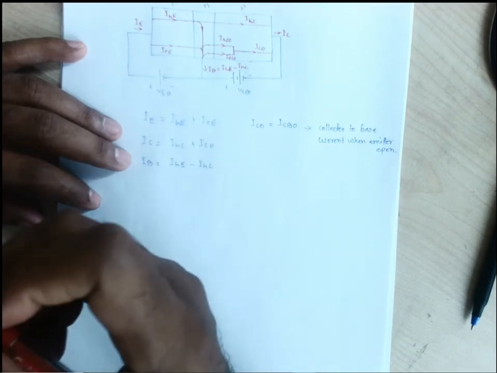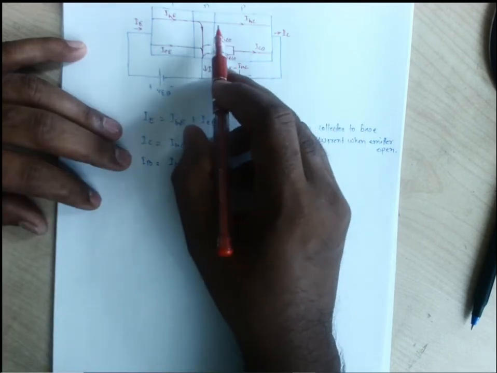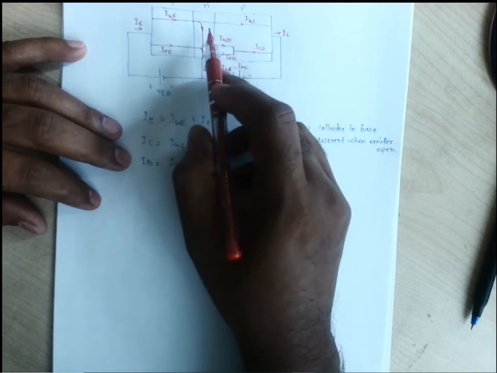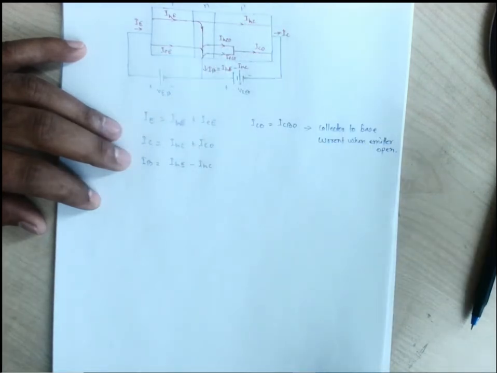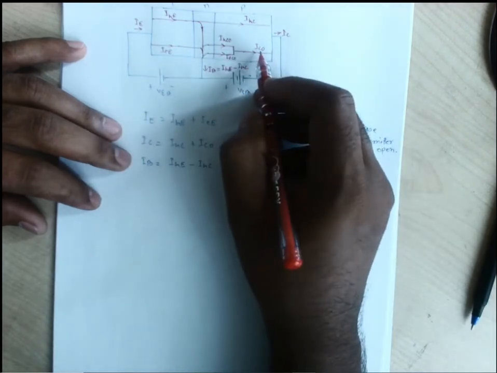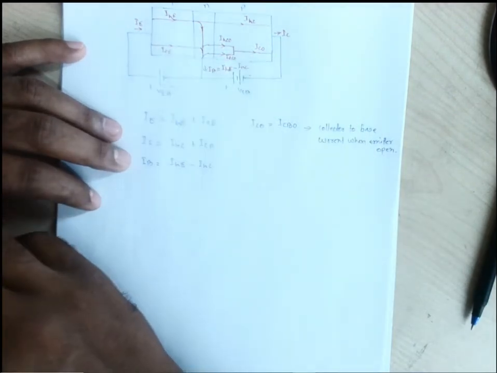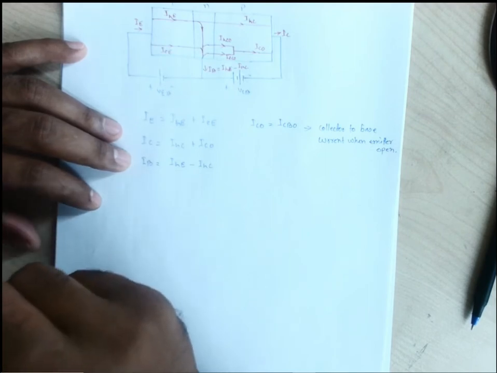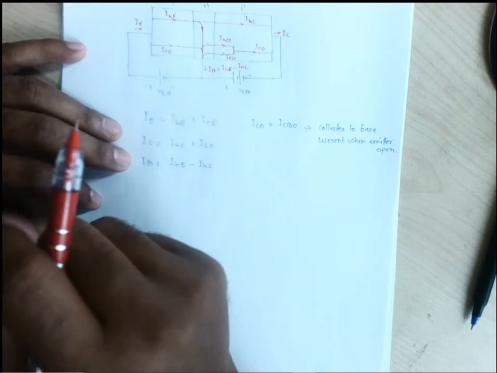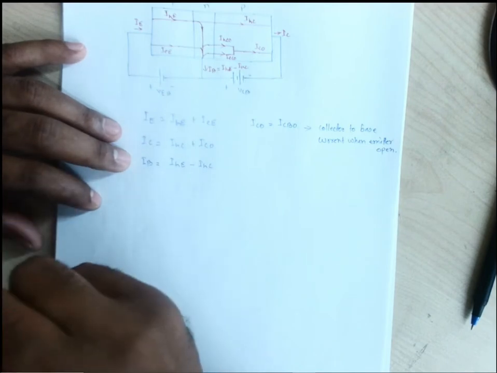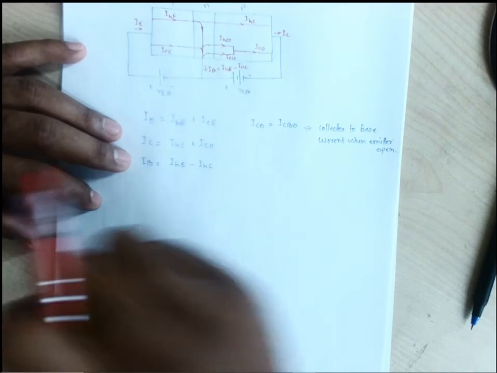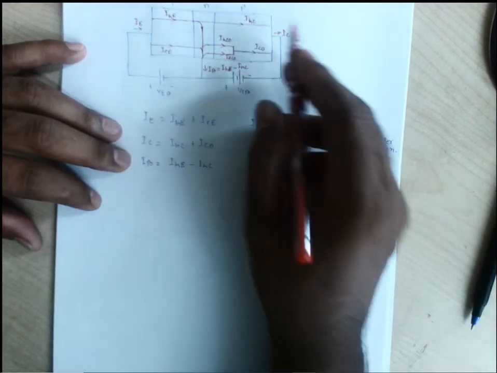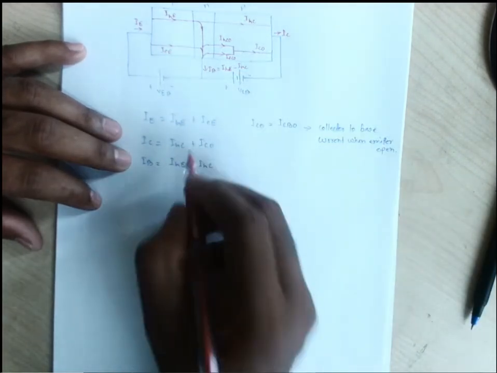Minority charge carrier current is due to the flow of electrons from collector to the base and holes from base to the collector. That is the total minority charge carrier current ICO. It is very negligible, in the range of certain nanoamperes, very less.